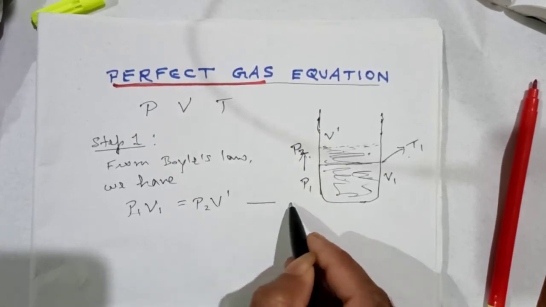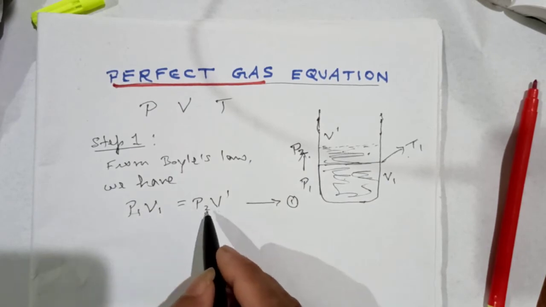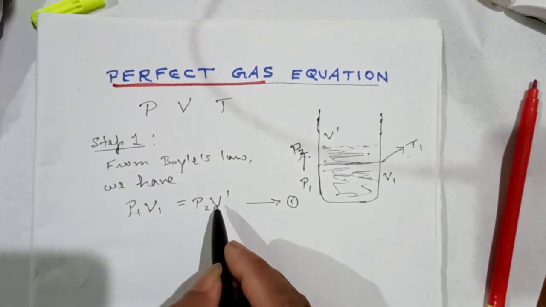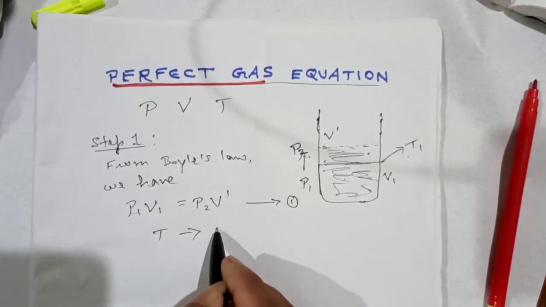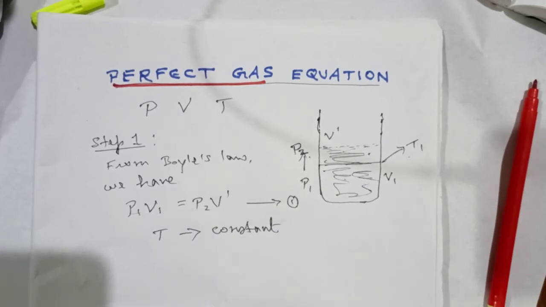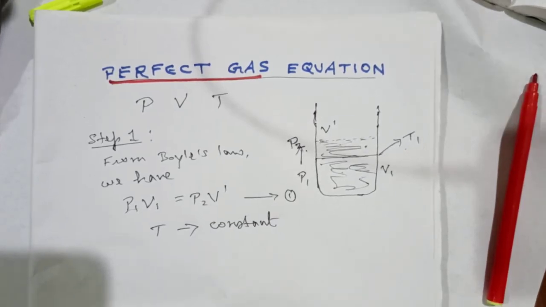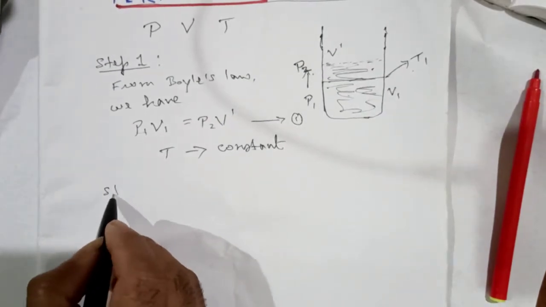So this is equation number 1, P1 V1 equal to P2 V prime. This is according to Boyle's law, while temperature T remains constant.